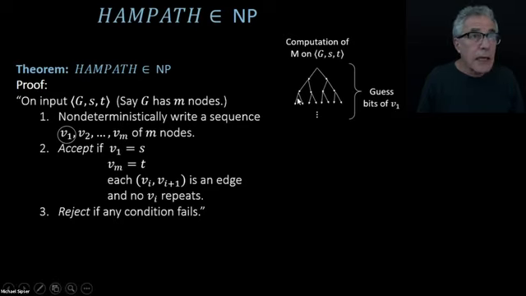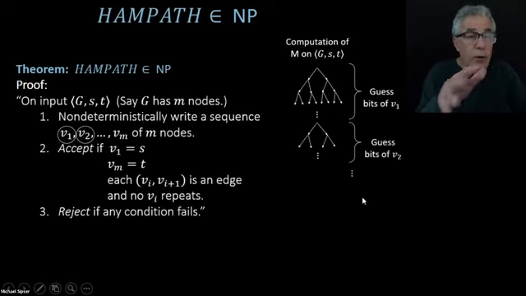So then after it's finished writing down the description of the node for V1, its choice for V1, it goes down to choose what V2 is, again non-deterministically. So there are going to be more branches for each possible choice of V2, and so on, node after node.